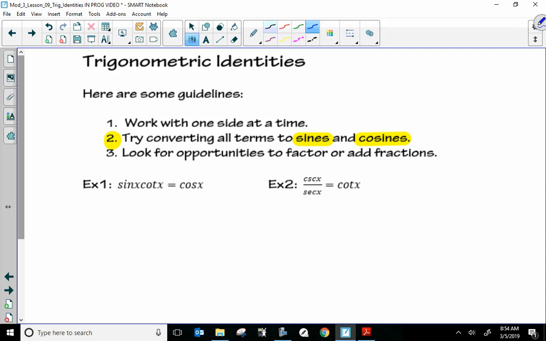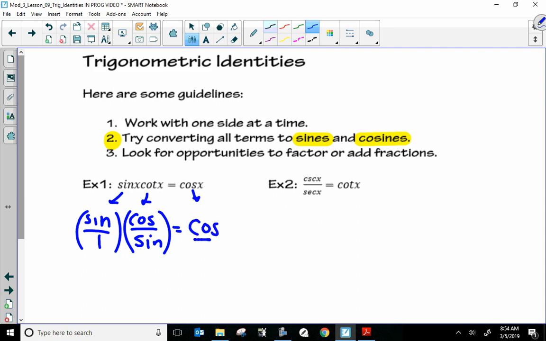Sine of x times cotangent of x equals cosine of x. If I want to change everything to sine and cosine, this is already sine over 1. Cotangent is cosine over sine. I'm changing this to sine and cosine. This is already cosine, so I'll leave that, which is cosine over 1. I'm going to work with the left side, manipulating one side at a time to make it easy for myself.